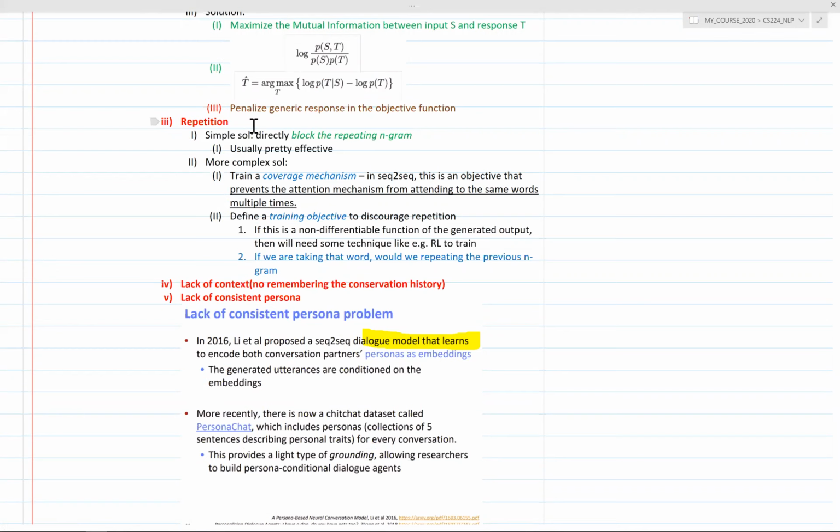There's also a more complex solution: training a coverage mechanism. You prevent the attention mechanism from attending to the same word multiple times, and therefore resolve this repetition problem. In the meantime, we add a training objective to discourage repetition.